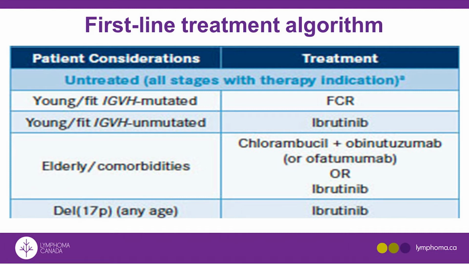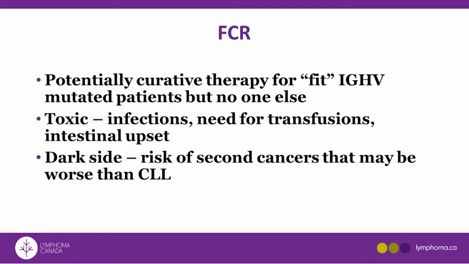If you have the IGVH mutated status, but you're a little bit too frail to be able to tolerate FCR, then we use an old-fashioned cytotoxic drug called chlorambucil with the newer antibody called obinutuzumab. We don't generally use ibrutinib first line for such patients. And if the CLL cells have what we've talked about, deletion 17p or the loss of p53, we don't give cytotoxic drugs because intrinsically these CLL cells that have lost p53 can't be killed by cytotoxic drugs. So for such patients, we use ibrutinib first line.